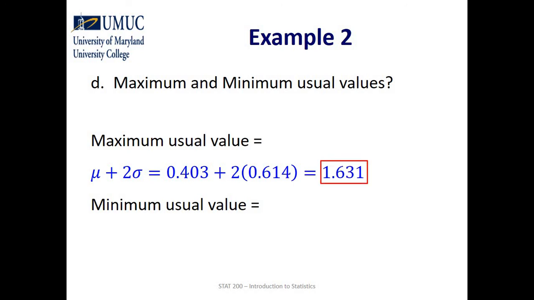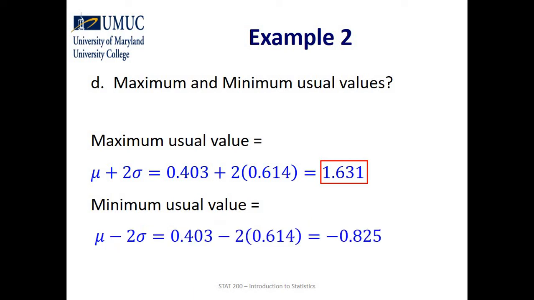Now, the minimum usual value is going to be mu minus 2 times sigma, which is 0.403 minus 2 times 0.614. I can't do that math in my head, but it comes out to be negative 0.825.